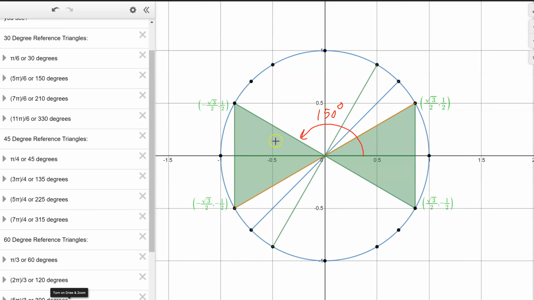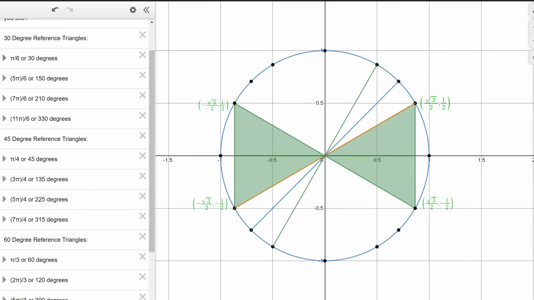From here to here, that's 180 degrees. Then what's left in here would be 180 minus 150, which is our 30-degree reference angle. So if you knew that was 30, well, you already know sine of 30 is a half, then you would also know that sine of 150 is a half.